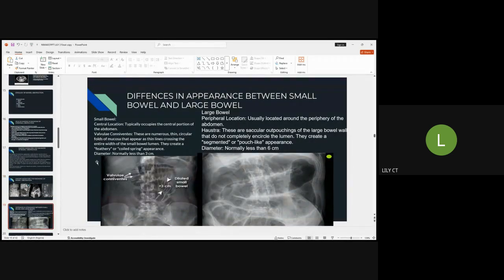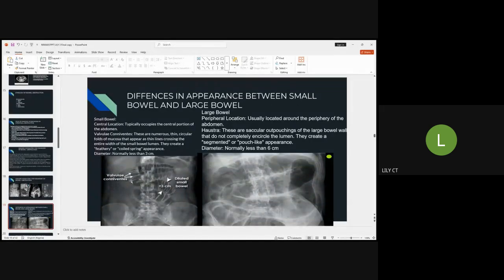Difference in appearance between small bowel and large bowel obstruction. The small bowel is centrally located while the large bowel is peripherally located. The small bowel has valvulae conniventes, which are thin circular folds of mucosa that appear like a line crossing the entire lumen.